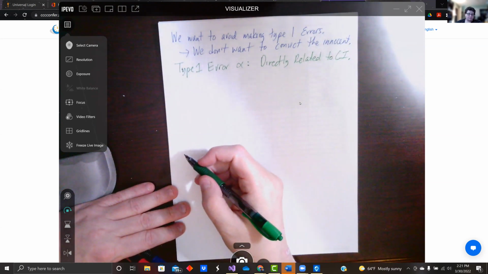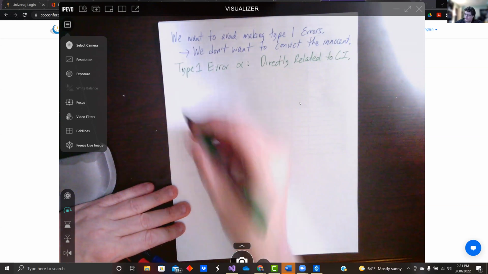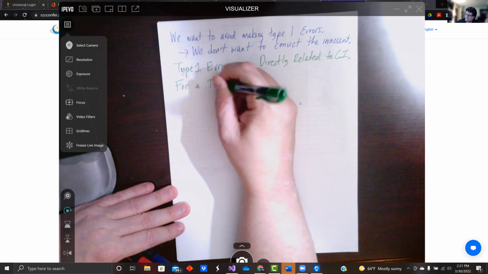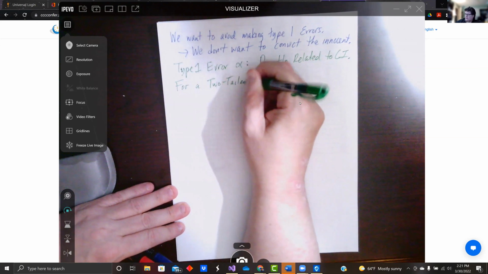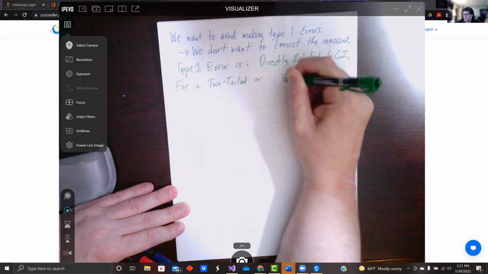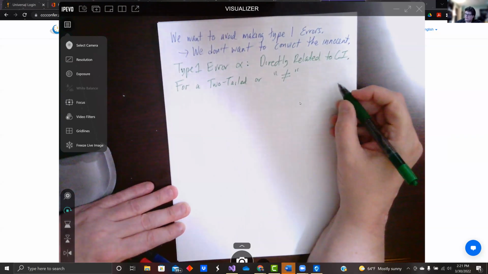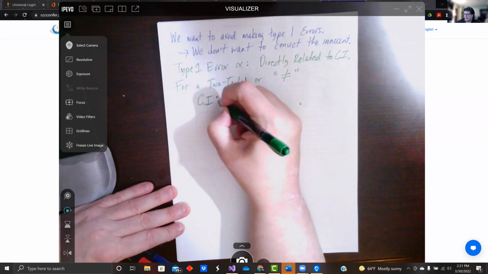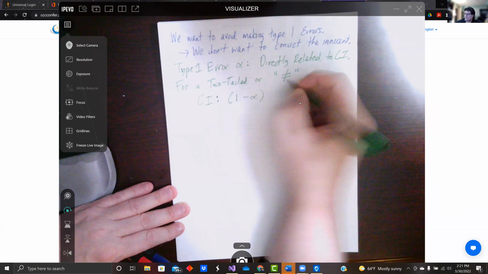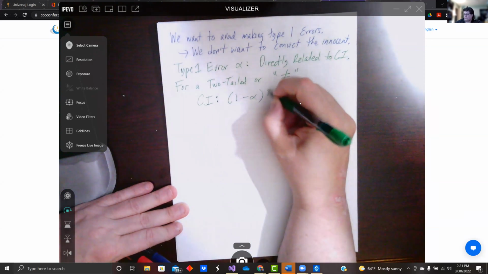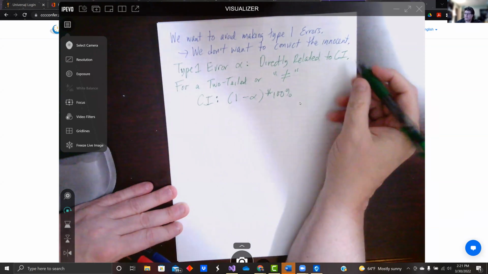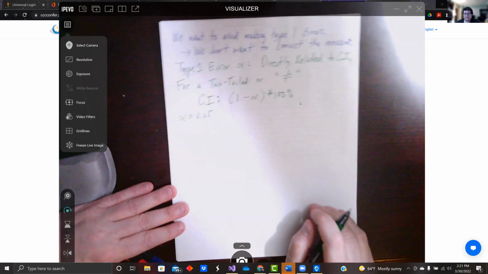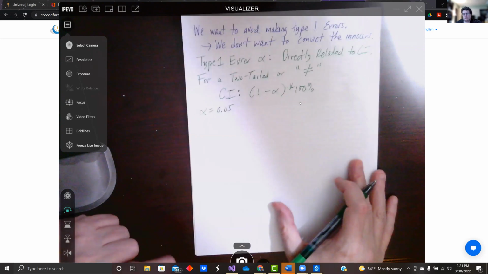Okay. For a two-tailed, or one of the not equal to situations, the confidence interval is decided as 1 minus alpha times 100%. So when alpha equals 0.05, that's our whole, what's considered unusual, 5%.